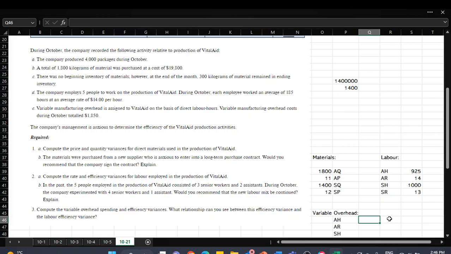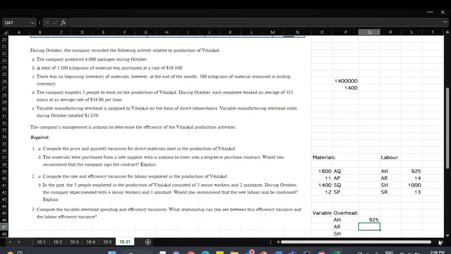We can pull our information for our variable overhead. Our variable overhead is assigned on the basis of direct labor hours. We see that in E, variable manufacturing overhead is assigned to Vital Aid on the basis of direct labor hours. Variable manufacturing overhead cost during October totaled 1,850. So our actual hours are going to be the same actual hours that we calculated for labor, 925.